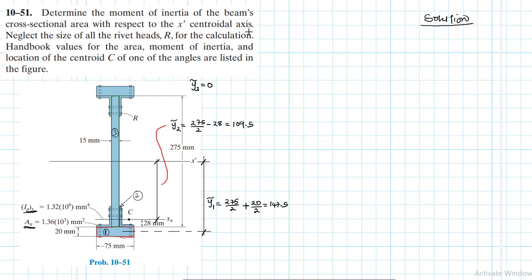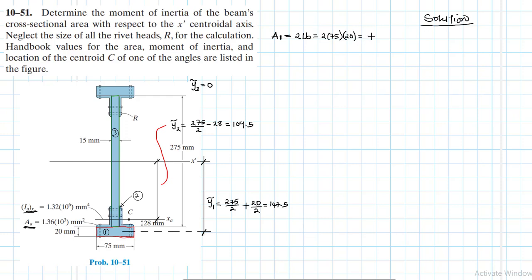So let's find the area. Area 1, that is the area for the flange, right? There are 2 of them, so it's 2 times 2LB, which is equal to 2 times, what is our L? Our L is 75, and our height, our B, is 20.